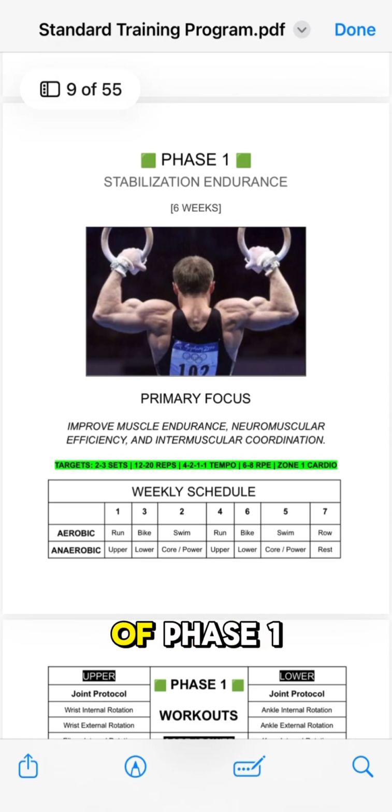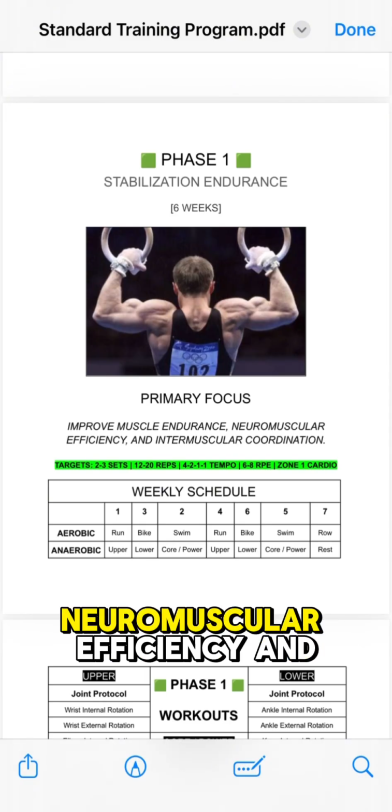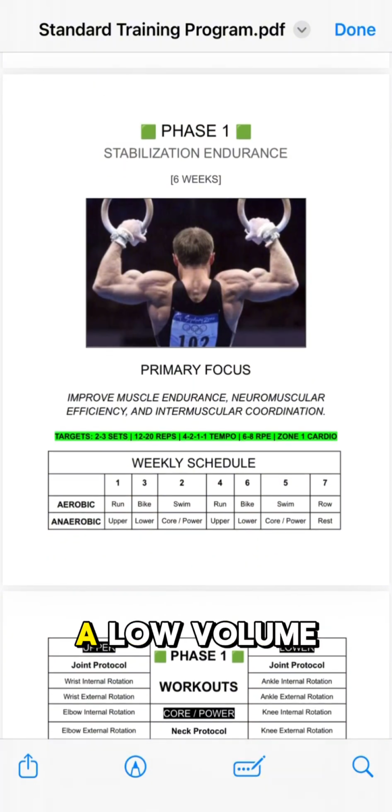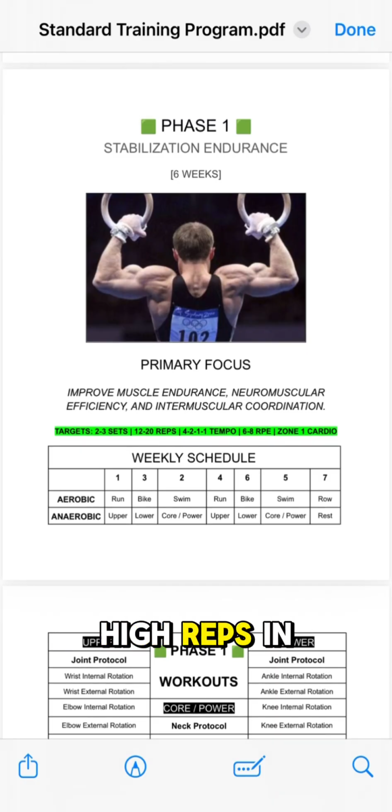So the purpose of phase 1 is improve muscle endurance, neuromuscular efficiency, and intermuscular coordination. So we're doing a low volume 2 to 3 sets per exercise, high reps in the 12 to 20 range, and a slow and controlled 4-2-1-1 tempo at a moderate RPE range, 6 to 8.